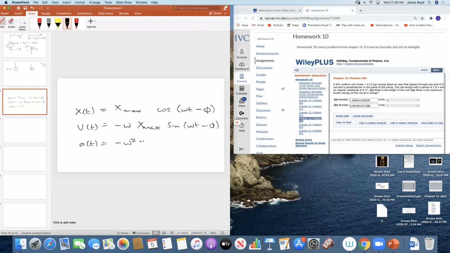And really, all you have to do in oscillations to start with is figure out what your amplitude is, what your omega is, and what your phi is. So that's your job. Your job is to find x max, omega, and phi. And each of these has a different way of finding it, or each of them may be found just from looking at a picture of what you're seeing.